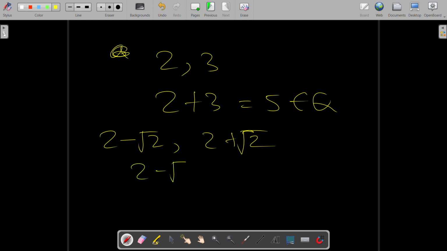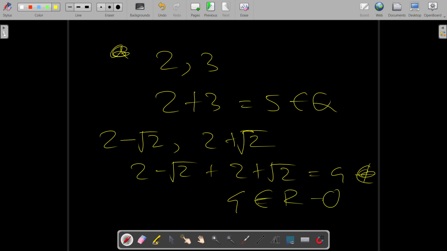But their sum, 2 minus root 2 plus 2 plus root 2, is equal to 4, which is not an irrational number. So 4 does not belong to the set of all irrational numbers. So binary operation addition is not defined on the set R minus Q.